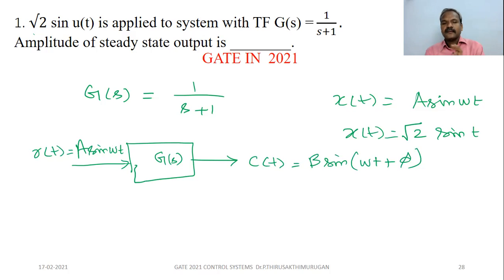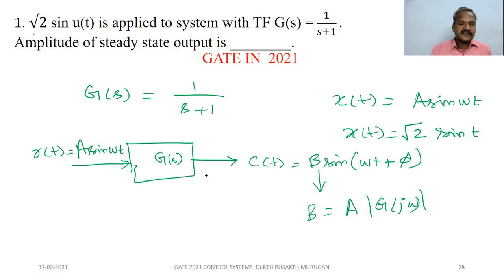The system will alter the phase angle, right? So B is nothing but A times the magnitude of G of j omega. So it is determined by the system transfer function. Understand or not? Right, okay.